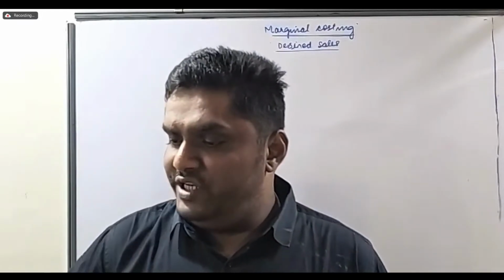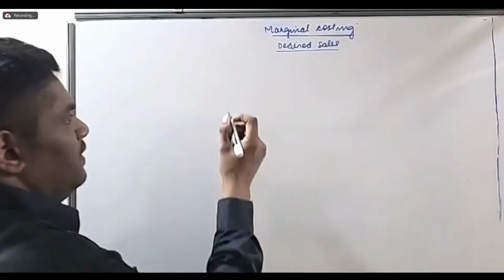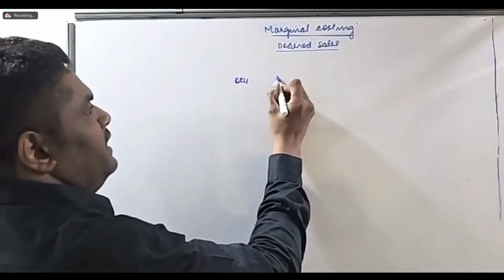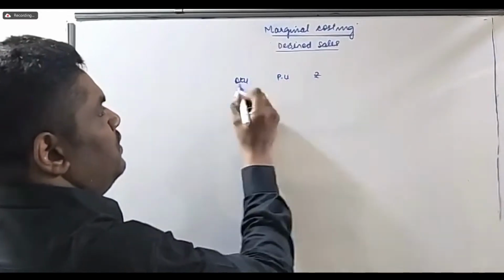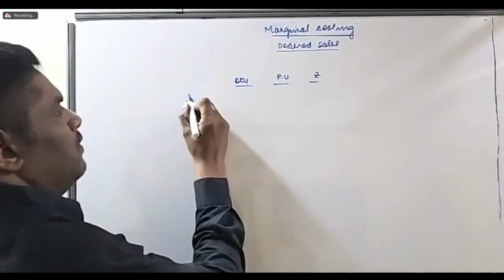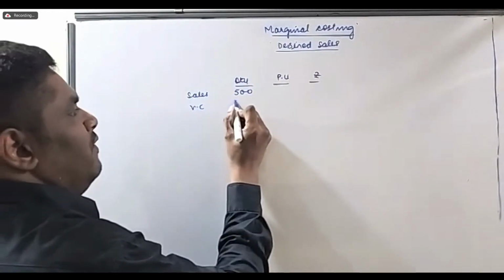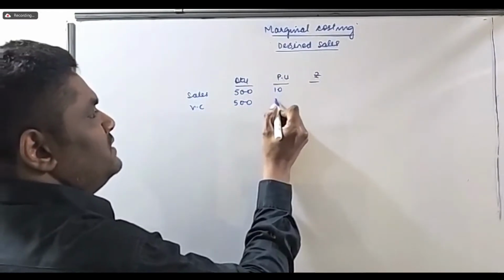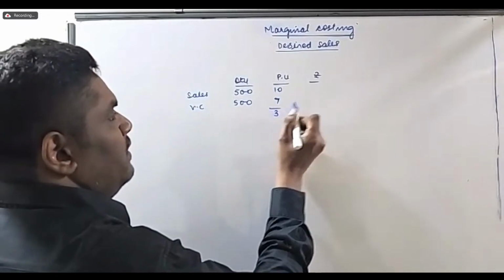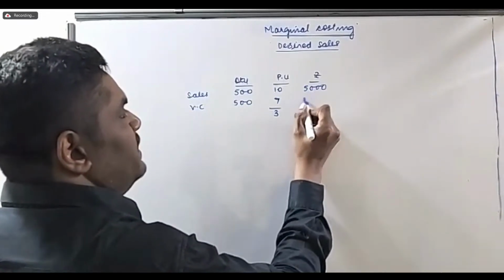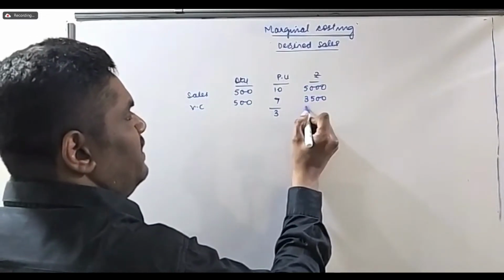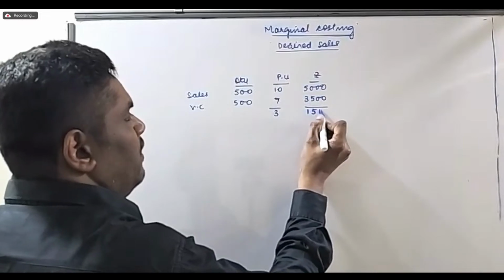Let's take one more question. The same question again, with quantity, per unit price and amount. Let's say I'm manufacturing and selling 500 units, variable cost is 7, selling price is 10. So this will be 5,000, this will be 3,500, and this will be 1,500.